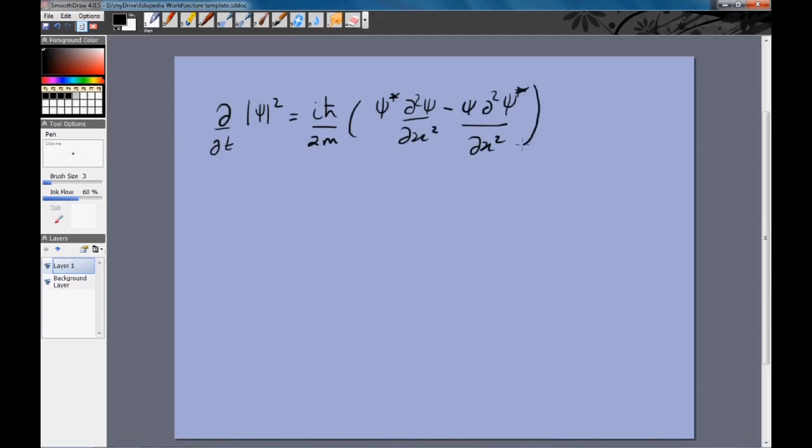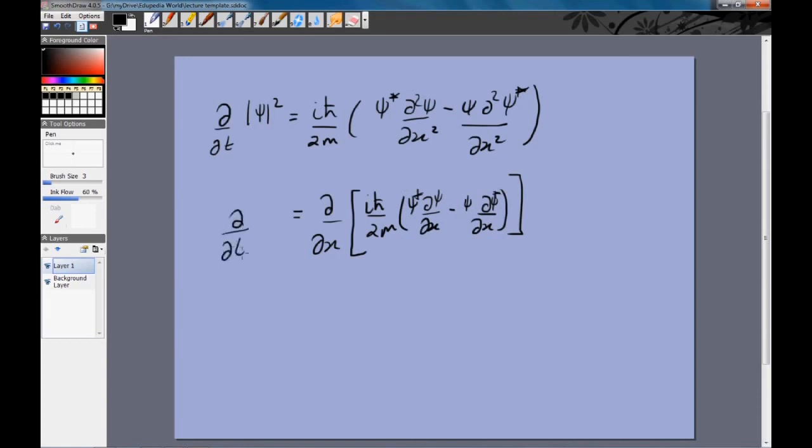Now this can also be written as del by del x of iota h by 2m times psi star del psi by del x minus psi del psi star by del x. Right, so this is this thing, del by del t of mod psi squared.